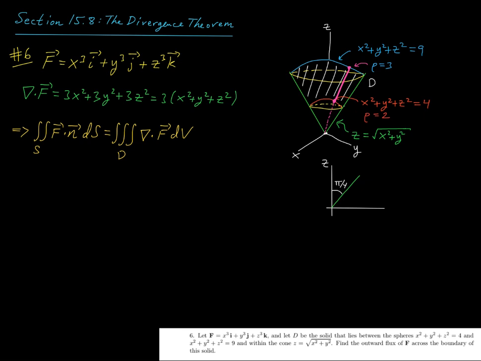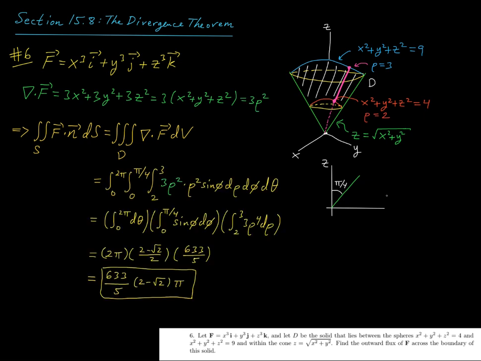Okay, and then the angle phi is going to vary from 0 when we're along the positive z-axis out here to where we're along the cone, and that's when phi will equal pi over 4. And then theta, the polar angle, is just going to vary from 0 to 2 pi.